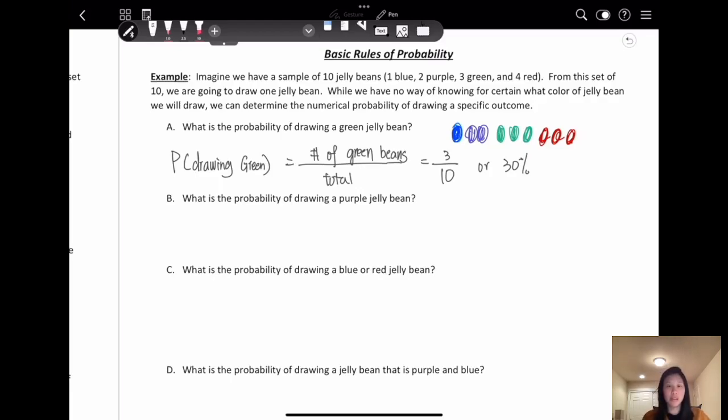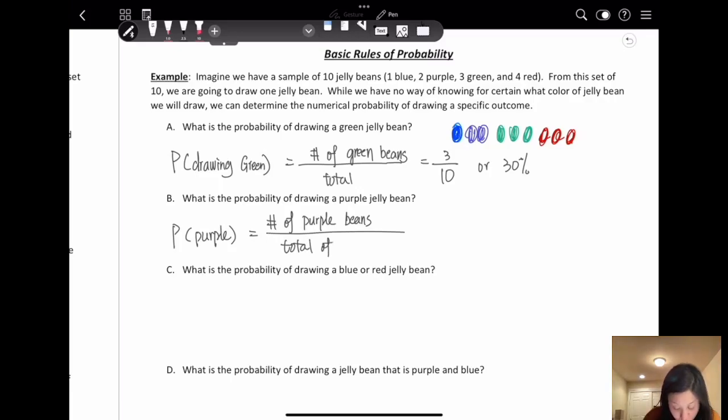Okay, so what's the probability of drawing a purple jelly bean? Again, we need to find the number of purple jelly beans and then the total number of the jelly beans.